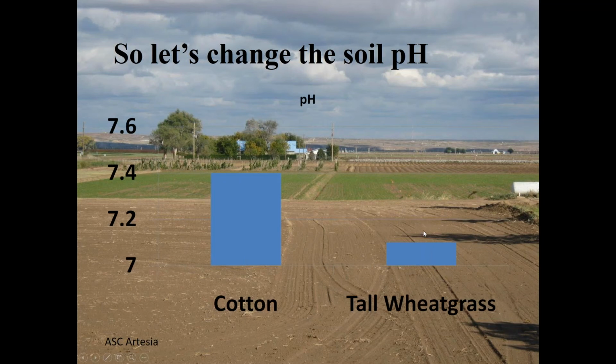But our perennial pasture grasses that had been in for several years had lower pH. So there's a lot going on in these soils that deserves consideration when we're trying to manage our pH.